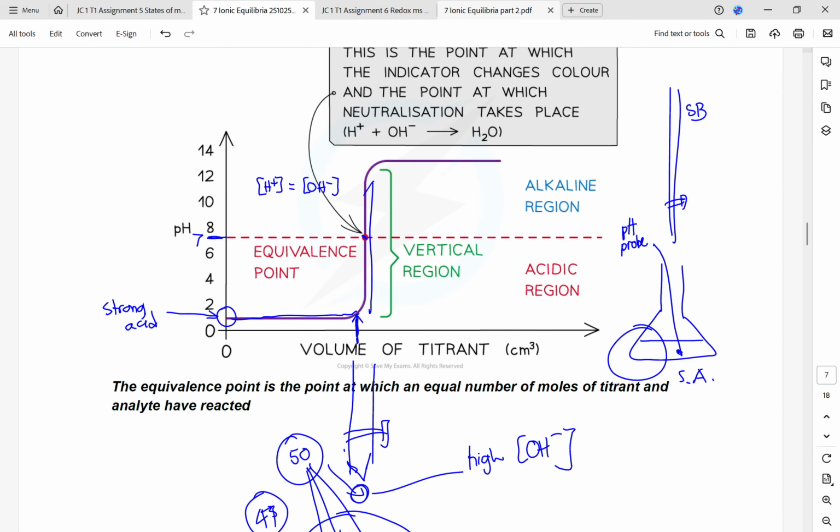That's why it shoots up really drastically. This is because the few remaining H plus ions in the conical flask are gone and now replaced by excess OH minus from that 1 drop of strong alkali.